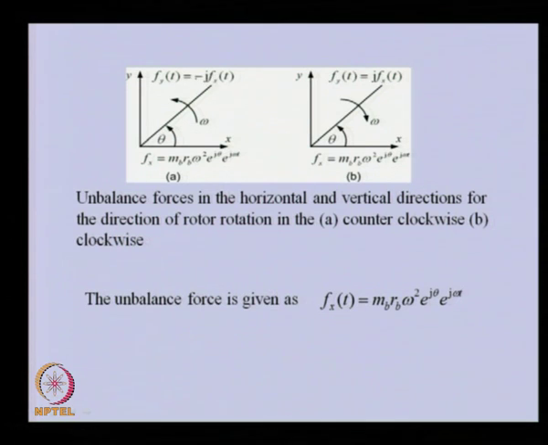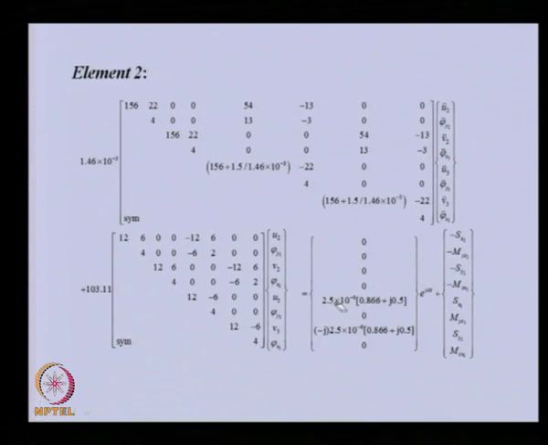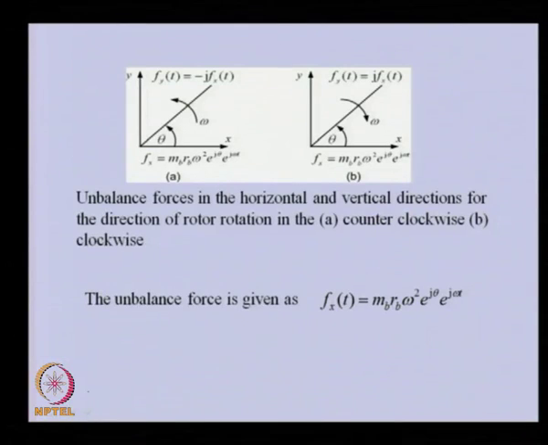So now you can see, this is the horizontal force, and if you multiply by minus j, that will be the component of the force in the y direction. And this is the phase which we talked about initially, that is the 30 degree phase which we have considered.